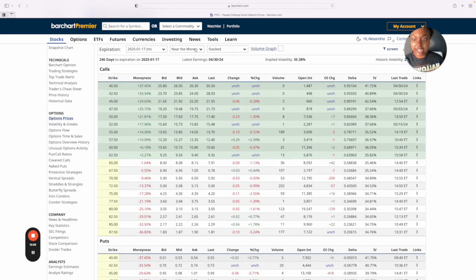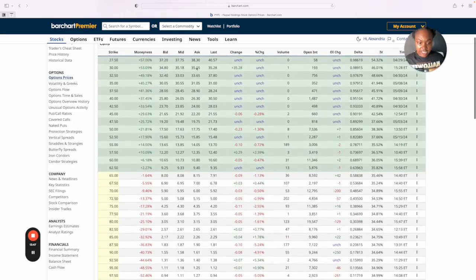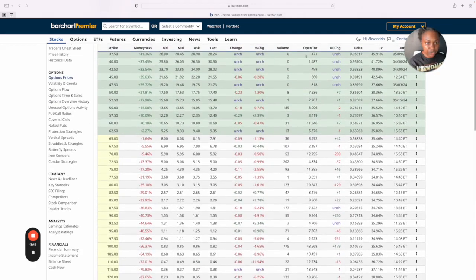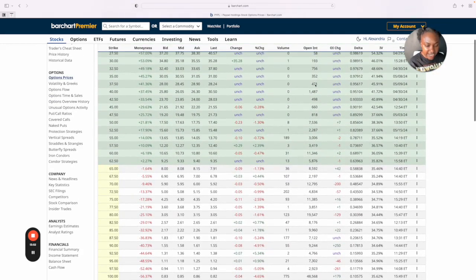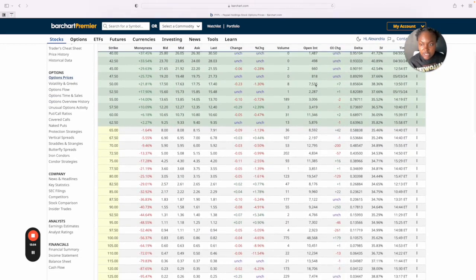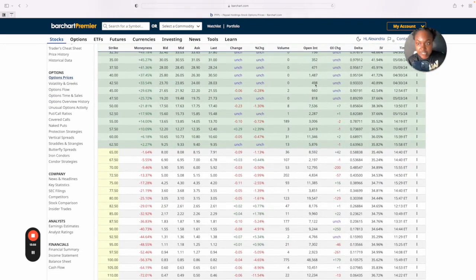Where it says near the money, I'm going to click to show all. And then what I'm doing is scrolling and looking in the open interest tab here. First, I'm going to look at those first sets of numbers. So we were saying about 57.